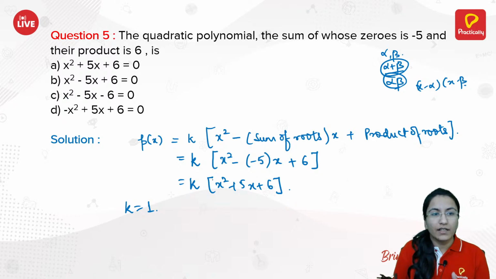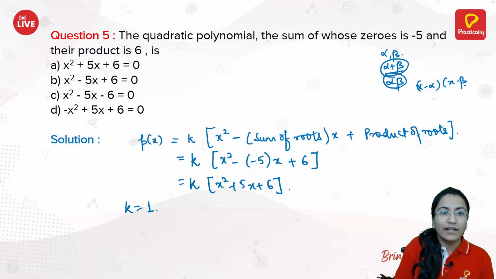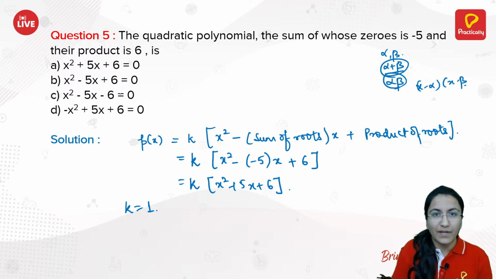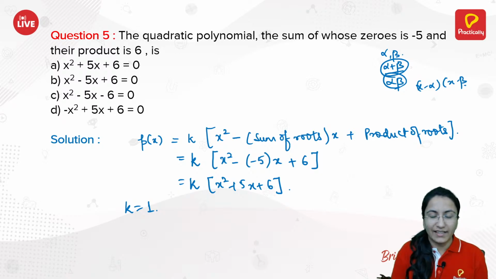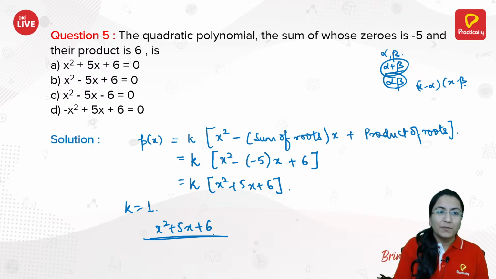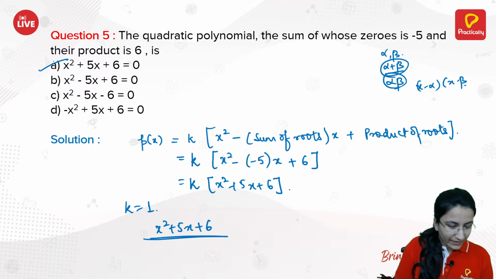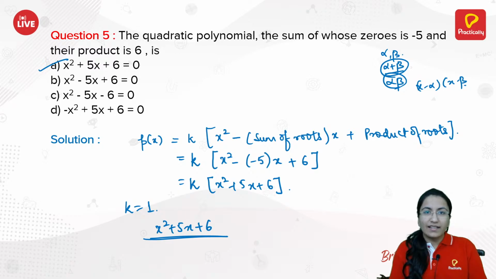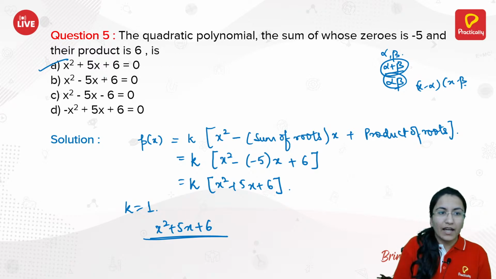Or even if we put k equals to 1 and none of the first 3 options is matched, then definitely we would put k equals to -1 to check for option D, right? So if you put k equals to 1, we have x square plus 5x plus 6. That means option A is correct. So we have x square plus 5x plus 6 equals to 0.